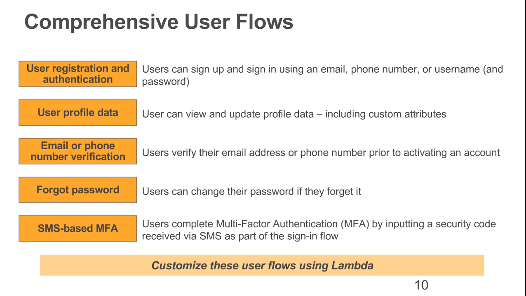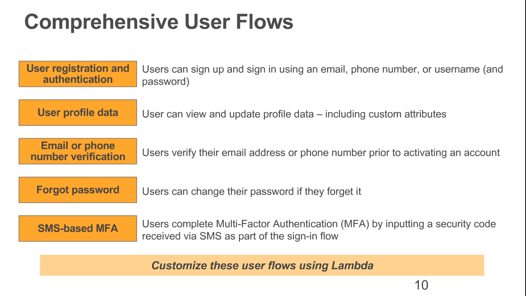I'll go into some of the user flows now. We've got a comprehensive set of those flows so that out of the box you can provide all the necessary features to have users in your own directory. Those start, of course, with the user registering or signing up and then authenticating. And we provide the standard approaches, like a username and password.